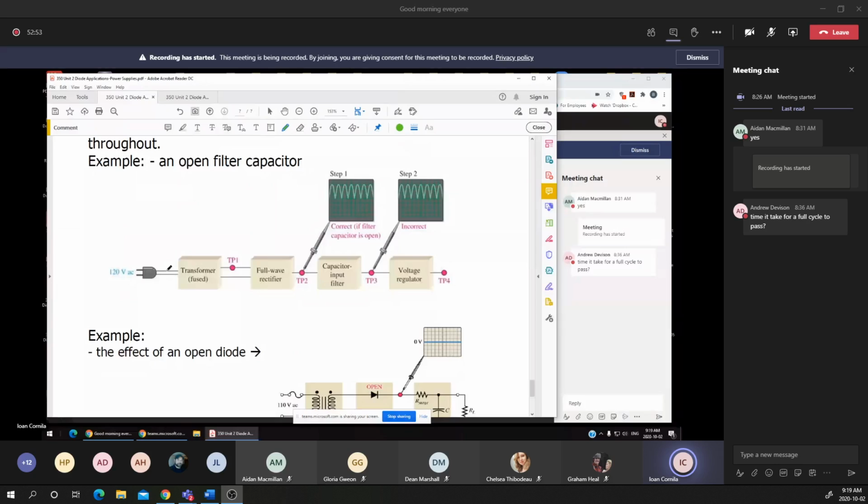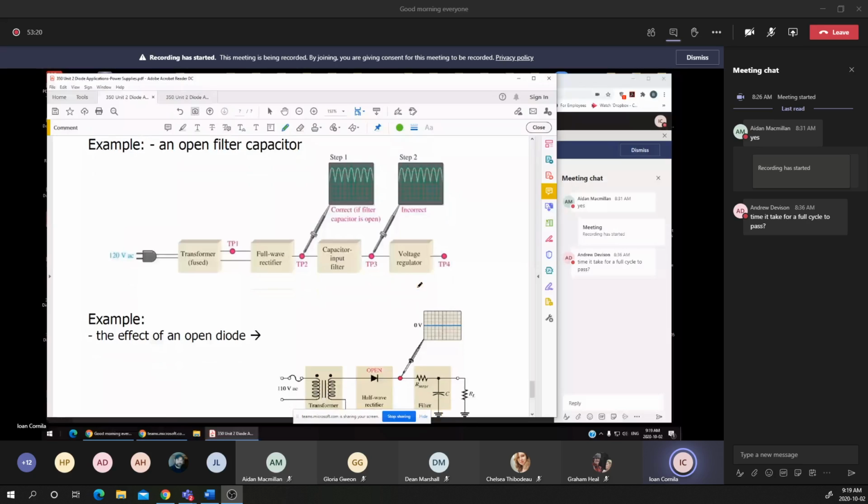Full wave rectifier, you notice that the AC voltage is converted into a DC voltage, the capacitor input filter, and the input for the voltage regulator. What to expect on the output? A straight line, which means that the regulator will maintain a constant voltage.